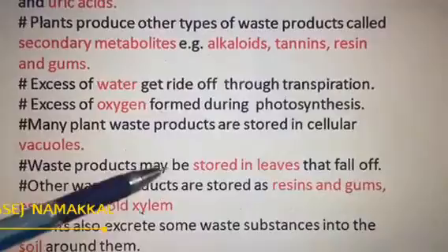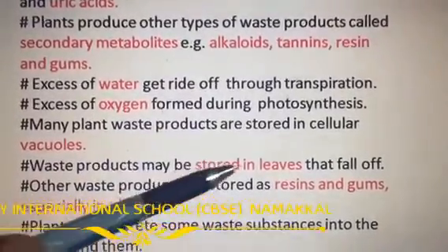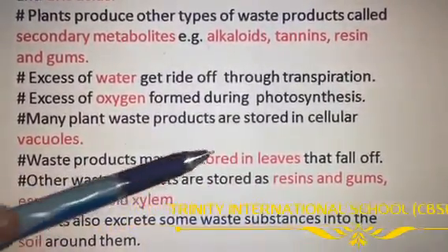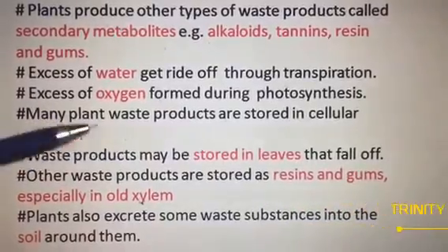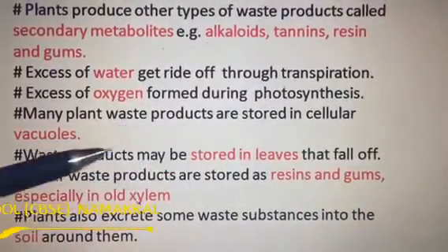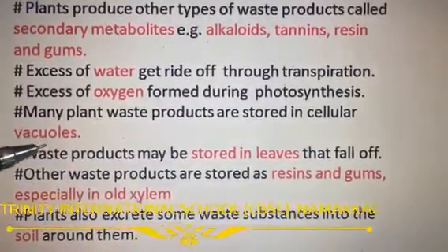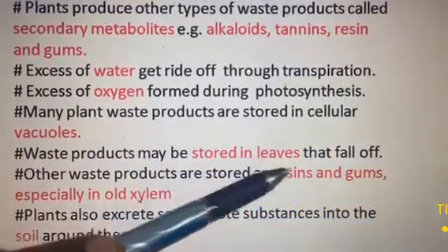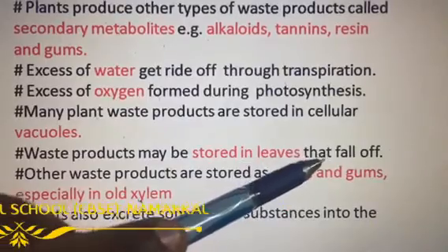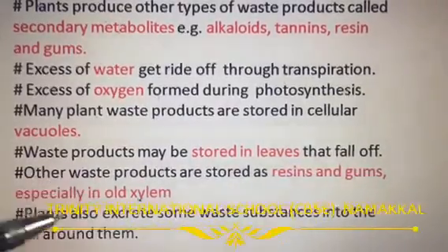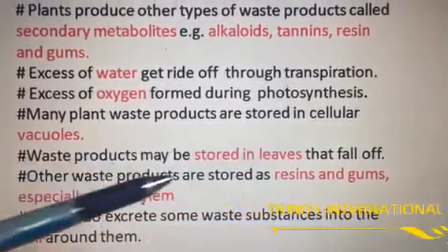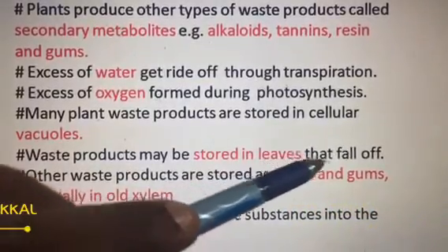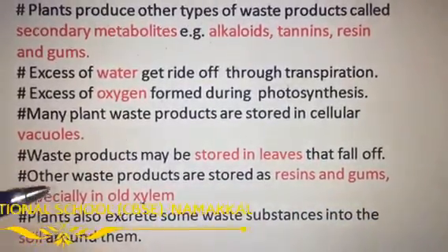Waste products may be stored in leaves, because the leaves also have vacuoles. So very soon that leaf may fall off because all the waste materials are stored there.